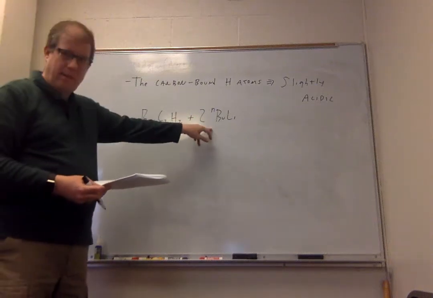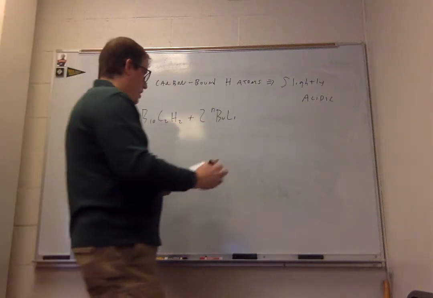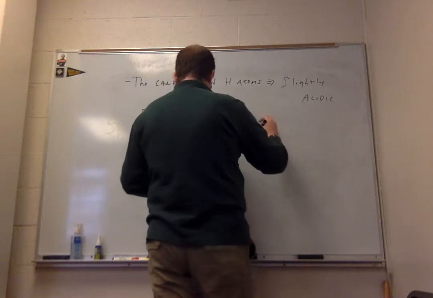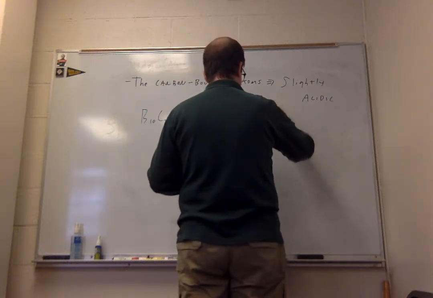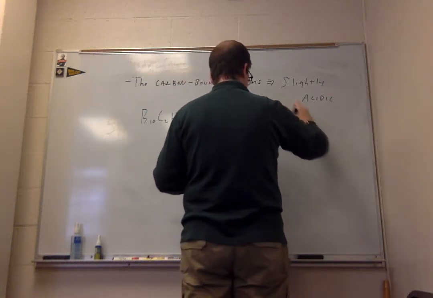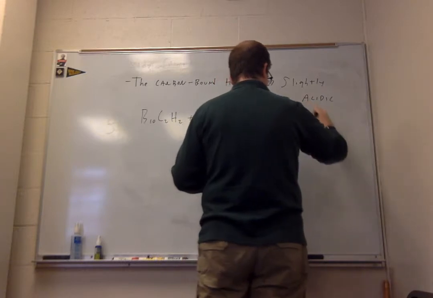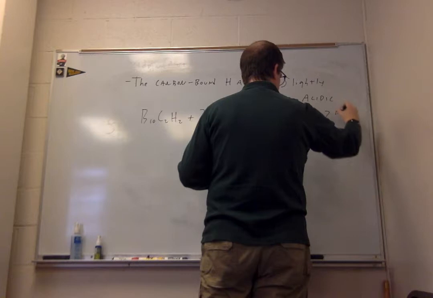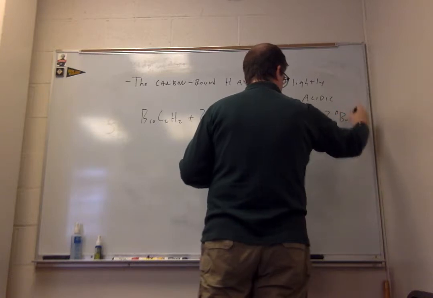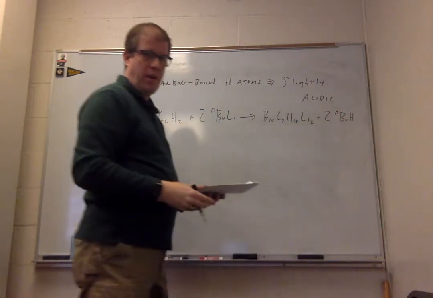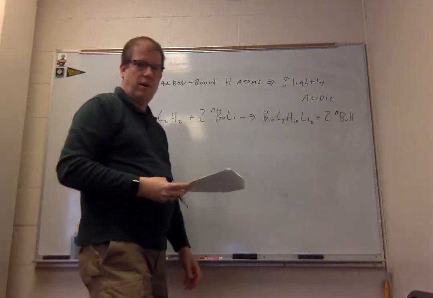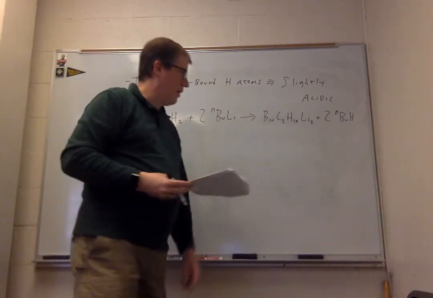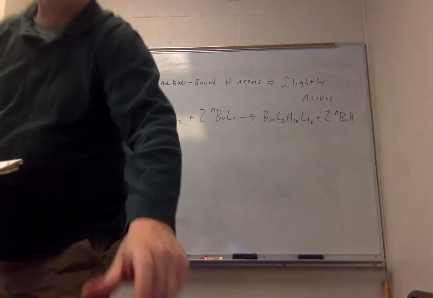But this isn't bad stuff. It's easy to handle. You can do this. And what you'll do is generate two molecules of butane as the non-interesting product, and this dilithio cluster shown here.